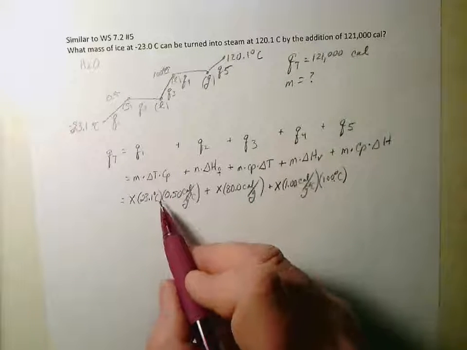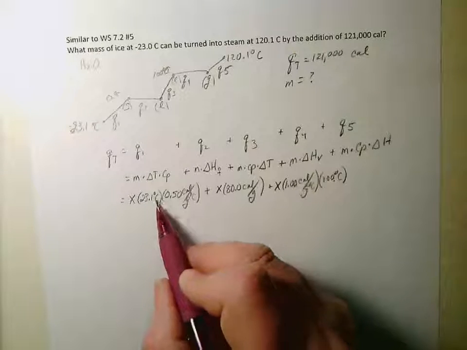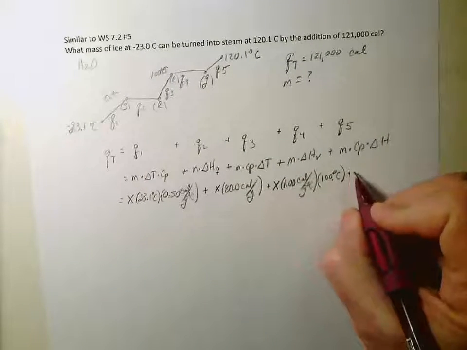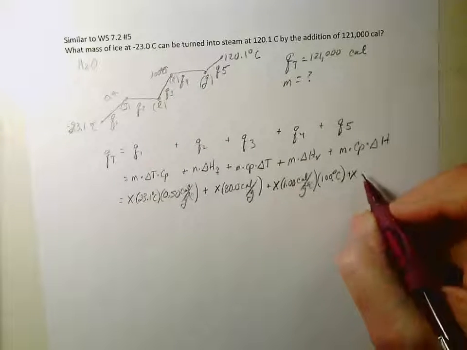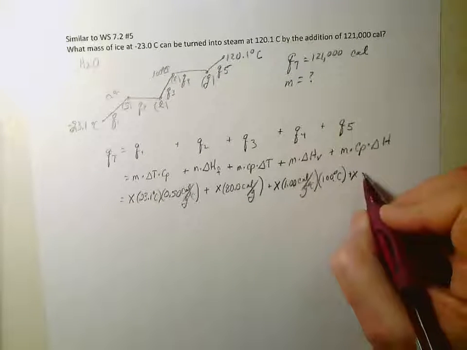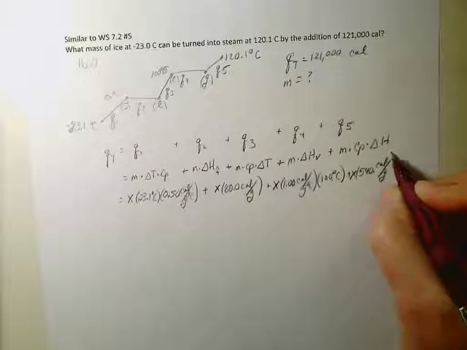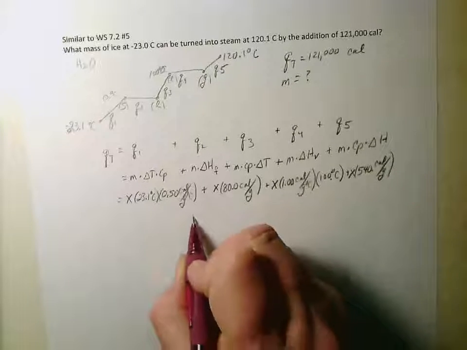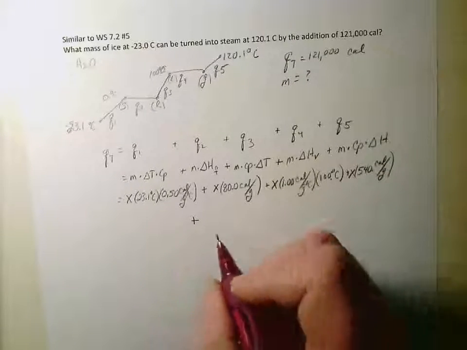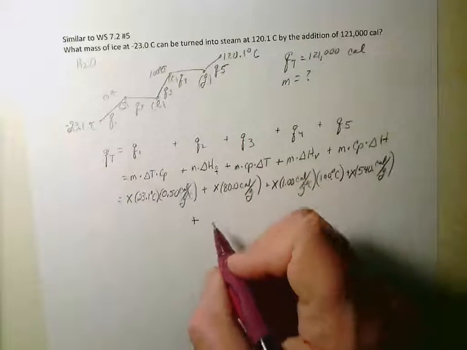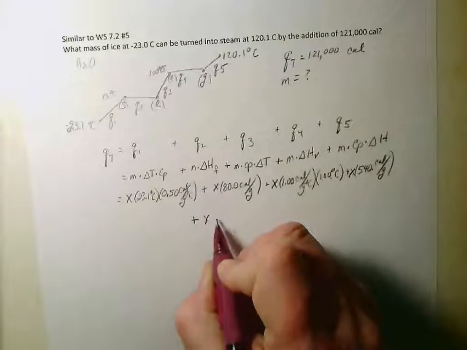So I've got Q1, Q2, Q3, so I'm on Q4, which is plus X times the heat of vaporization, which is 540 calories per gram. I'm going to write the next one down here so I don't run off the edge of the page. And the last one has another change of temperature. And I still don't know my mass.